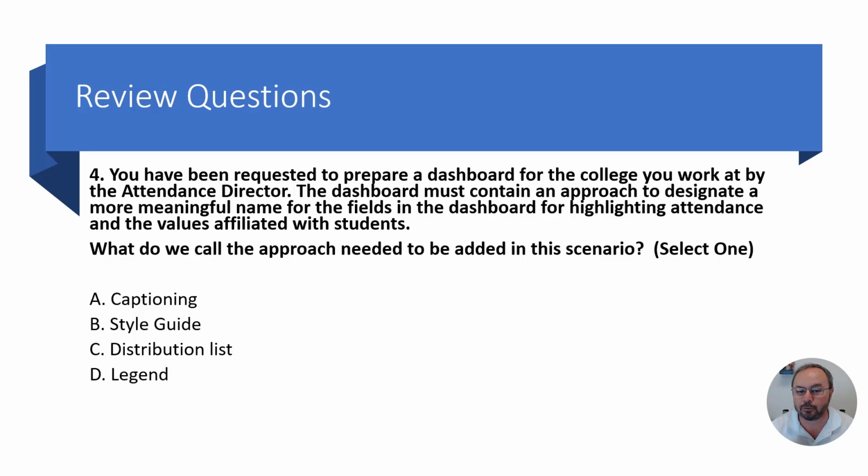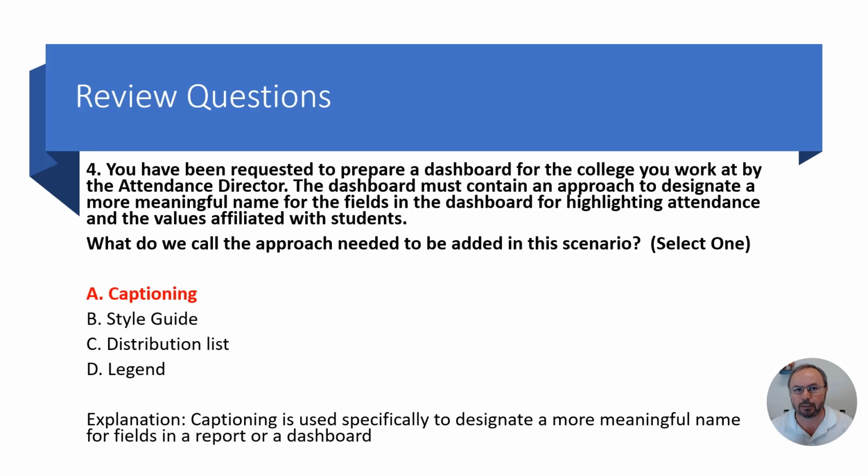What will we call the approach needed to be added in this scenario? Well, this is really where we need to think about captioning. Anytime we see highlights or, for example, meaningful, that could be a way for us to think that we need to have some text a little bit more noticeable. That's generally considered captioning.